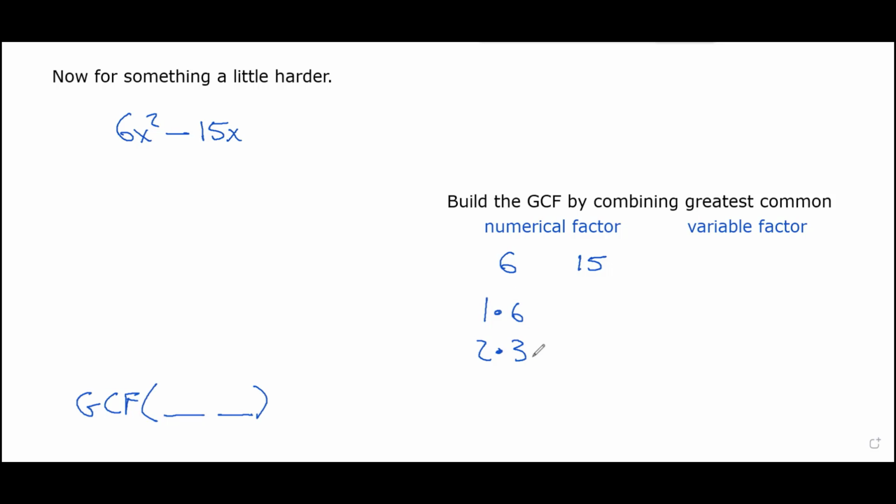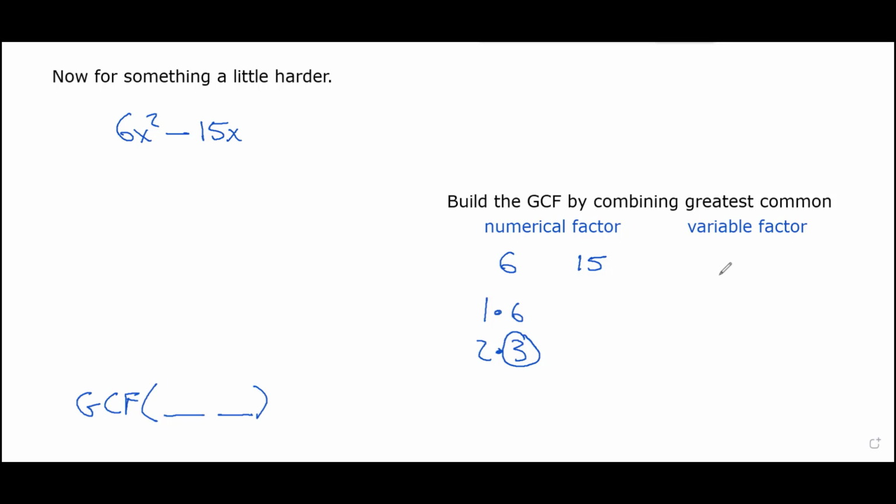And we can look at these factors and decide which one will also go into 15, and which one is the greatest that goes into 15. 1 and 3 both go into 15, but 3 is the largest of the 2. So 3 is the greatest common numerical factor.